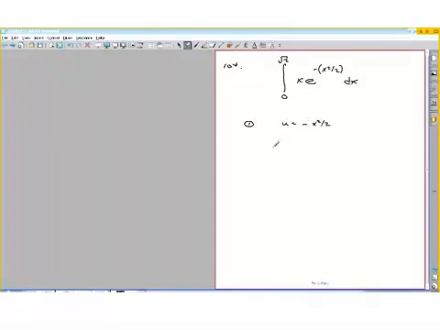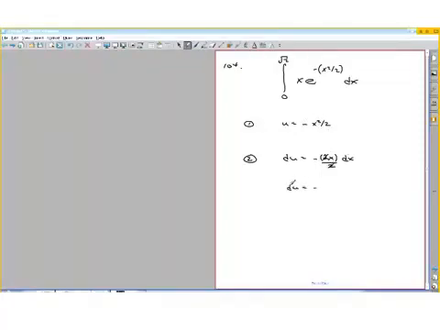So u is going to be the exponent. And then if you take du, you would get negative, the derivative of x squared is 2x. And so we get negative 2x, and then we divide by 2, and you see the 2's cancel out.